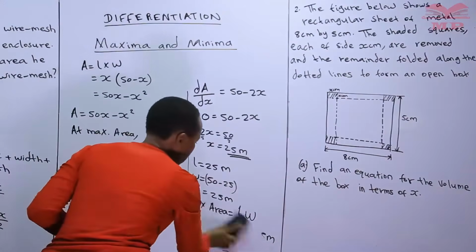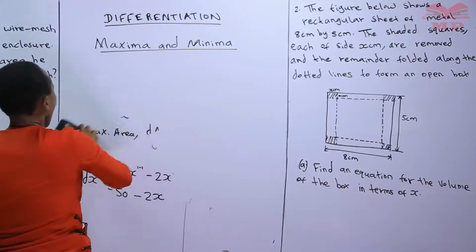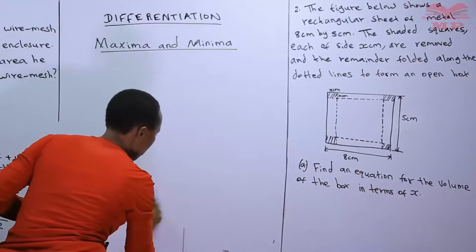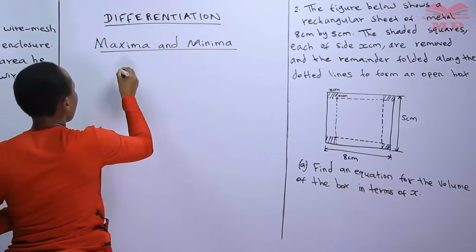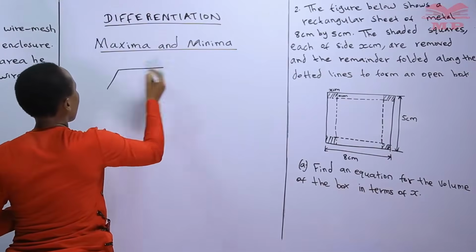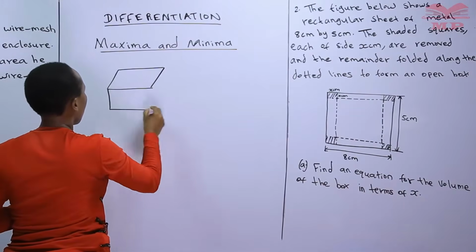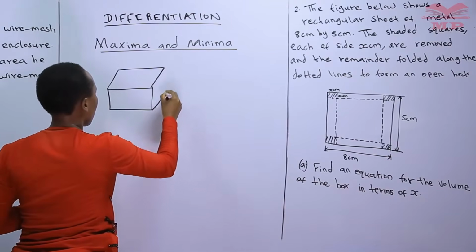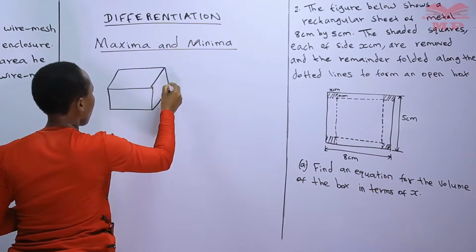So this is what we are going to form when it is folded. It is forming the open box. So we can have the box here. We have the open box that is being formed. This is what we have for the open box.